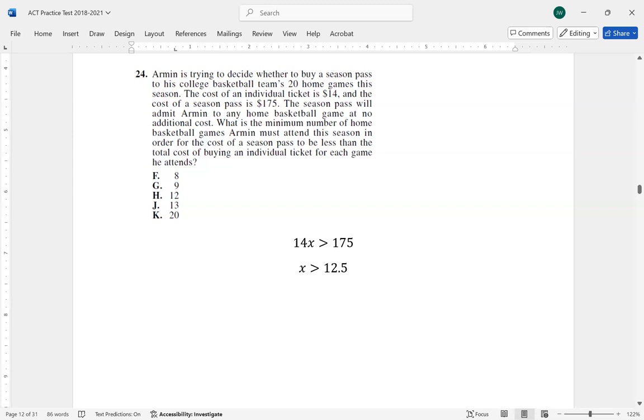So he must attend 13 games or more for the season pass to be cheaper. So 13 is the correct answer for question 24, and that is option J.